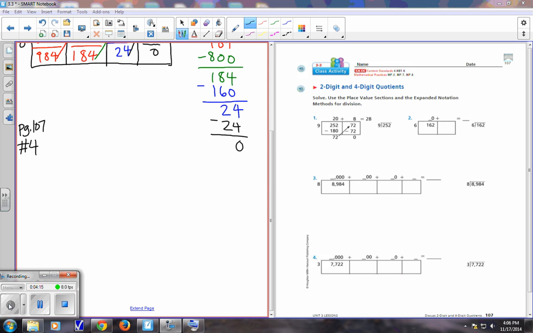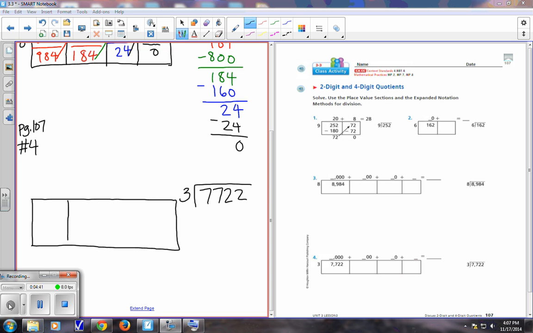Moving on to number 4, it's going to be 7,722 divided by 3. And this first digit is greater than or equal to the 3. So I know, since there's 4 digits in the dividend, that there's going to be 4 digits in my quotient.